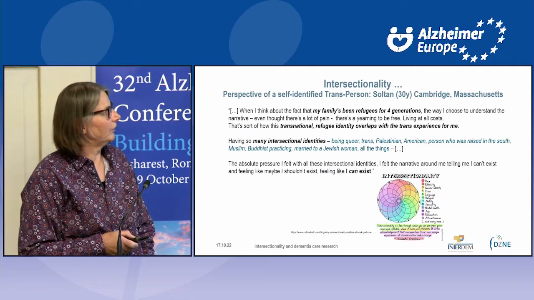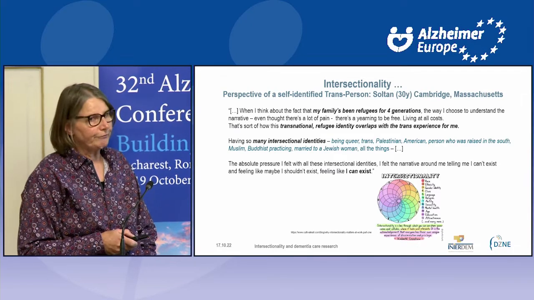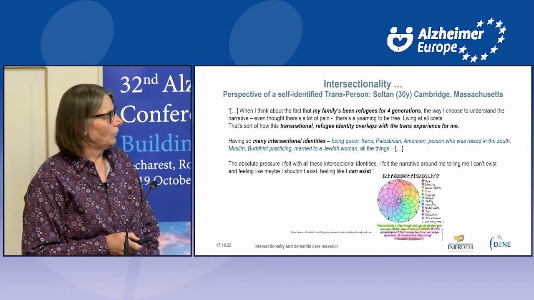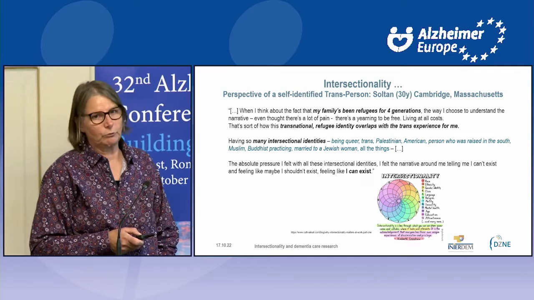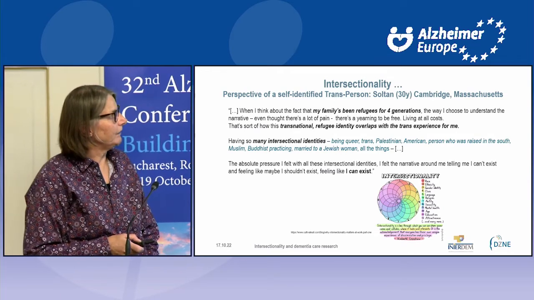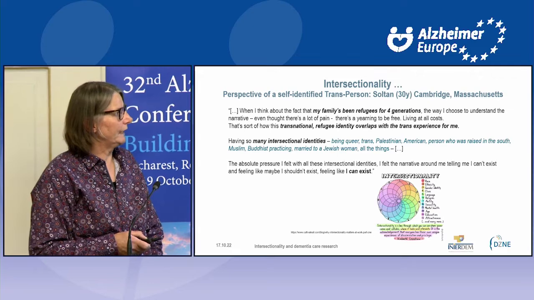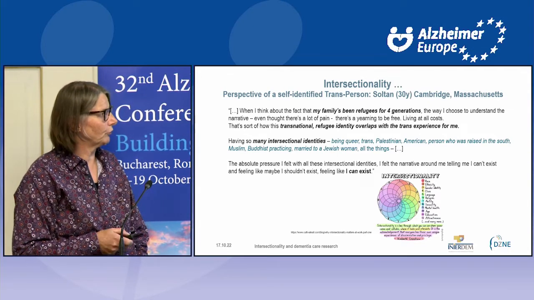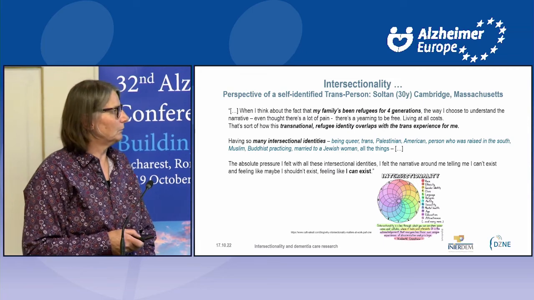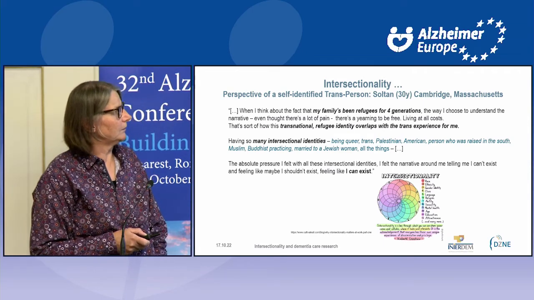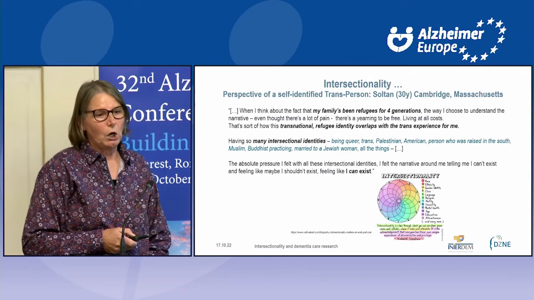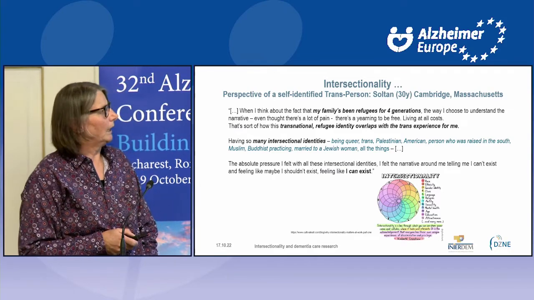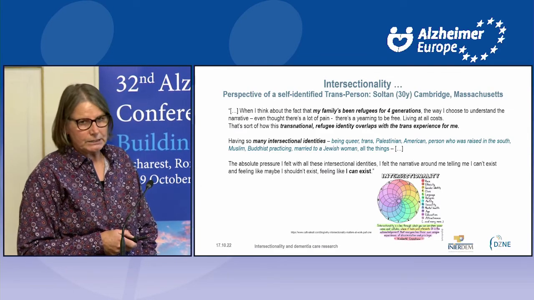That's sort of how this transnational refugee identity overlaps with the trans experience for me. Having so many intersectional identities, being queer, trans, Palestinian, American, person who was raised in the South, Muslim, Buddhist practicing, married to a Jewish woman, all things our intersectional identity perspective.